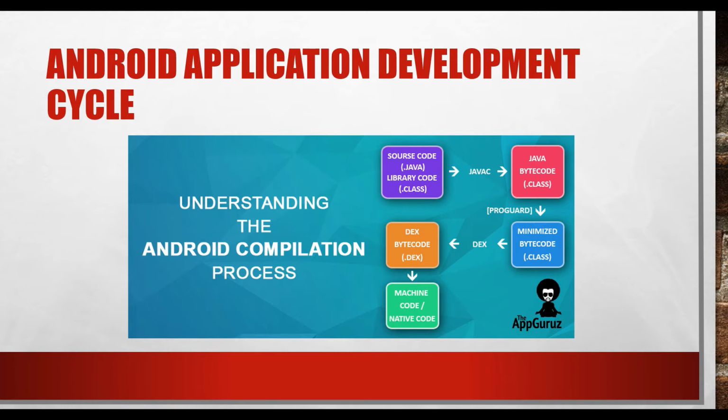The Android device has the DVM, the Dalvik virtual machine. To execute this file in the Dalvik virtual machine, you need one format called the DEX format, which is understandable by the DVM. So we convert into that, and then the final application is built, the machine code or native, which is the APK application.